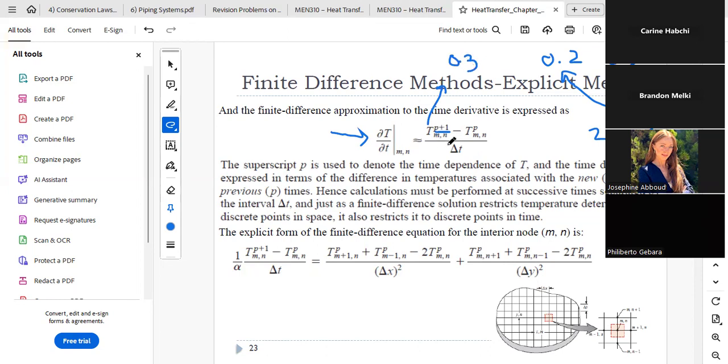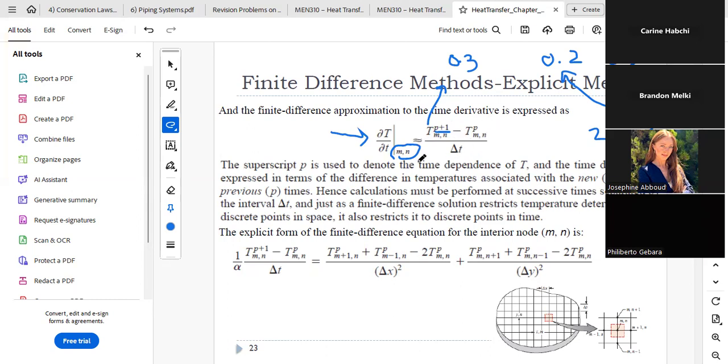If you remember in chapter 4, we divided the space into several columns, several rows. And for each cell, the temperature at the center of the cell will represent the temperature in the cell. So I can say that the derivative of temperature with respect to time for a cell m,n is equal to T p plus 1 at m,n minus T p at m,n over delta t.